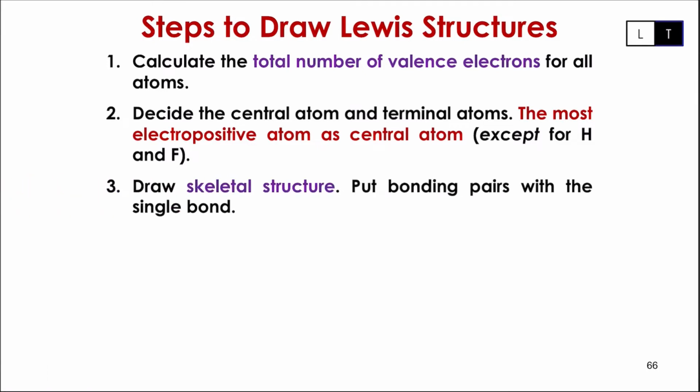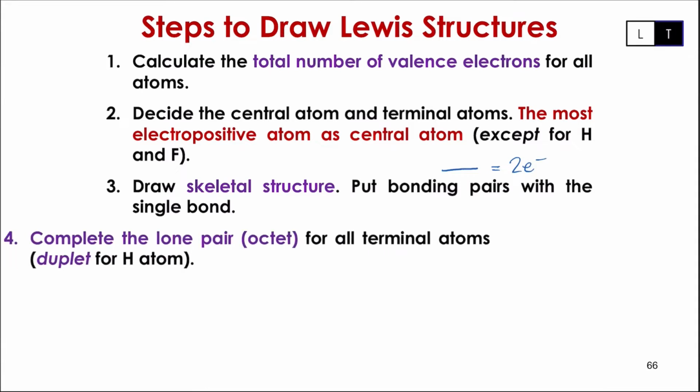Next, you have to draw the skeletal structure and put the bonding pairs with the single bond. So, satu bonding pair dalam skeletal structure, saya akan gunakan satu batang ataupun satu baris yang mewakili dua electrons.